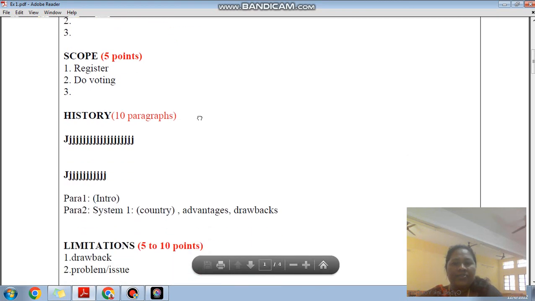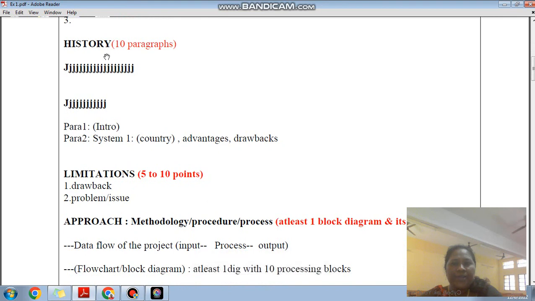And then the history. So here you're going to explain the existing projects which are related to your title. So in the beginning, how the voting system was, and at present, and after a year, in the future, how it is going to be, and how you are proposing that your voting system idea will work.